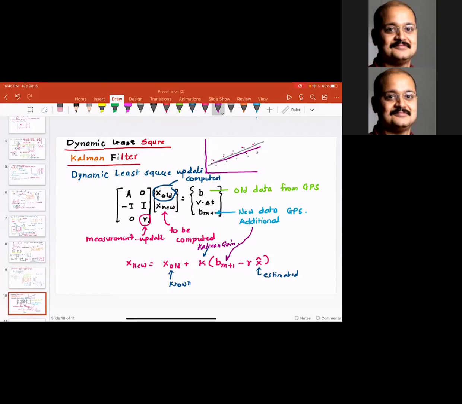For data smoothing, Kalman filter is used. Kalman filter is used for sensor fusion. The data coming from multiple sensors is combined, and the optimal solution is obtained. So please understand that the technique that we talked about is clearly applicable for signal processing, machine learning, GPS, inertial navigation, and tracking.